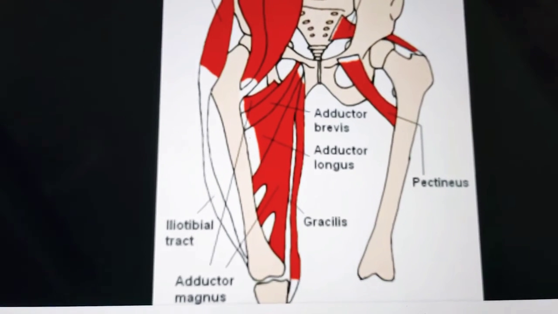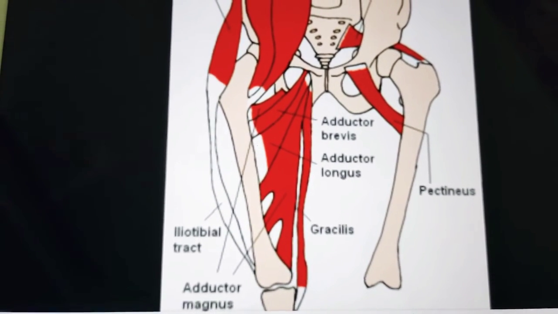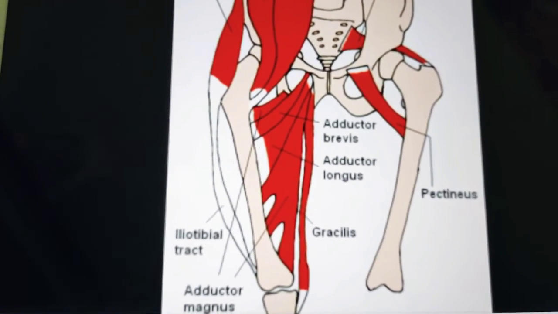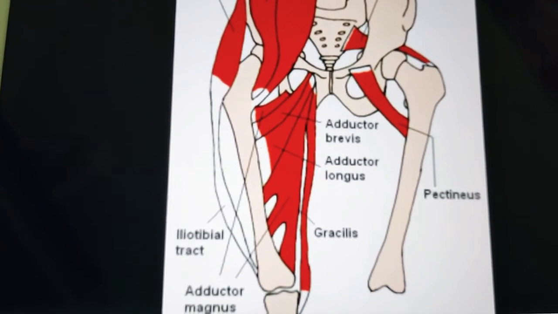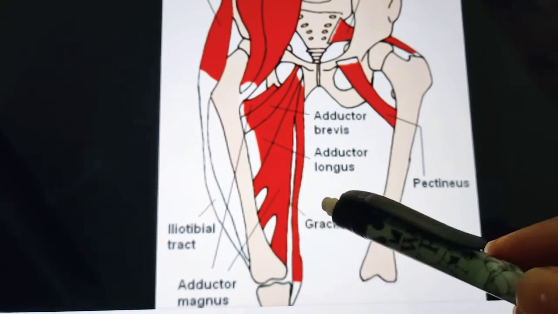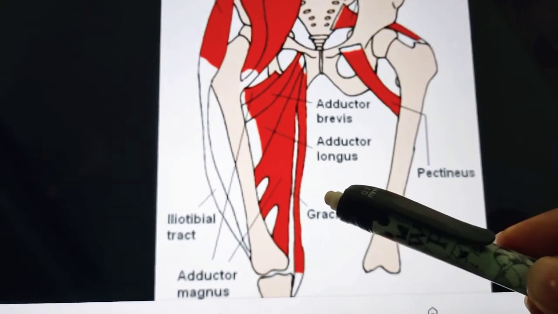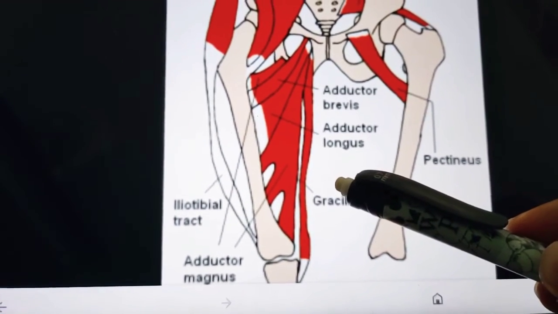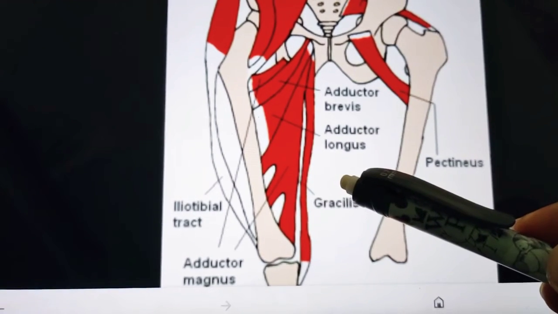Now we will also discuss the actions of adductor longus, brevis and magnus. These are all powerful adductors of the thigh. Adductors bring the thigh towards the body side or the medial side, and they act mainly as synergists and posture controllers, especially during walking.